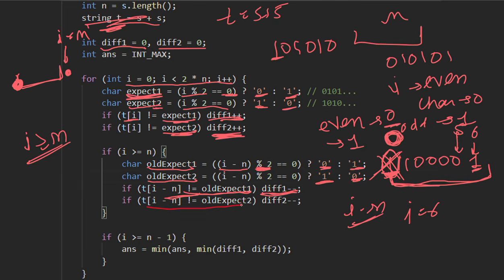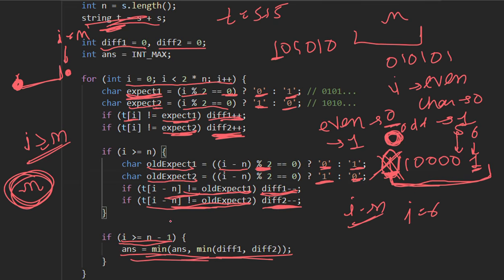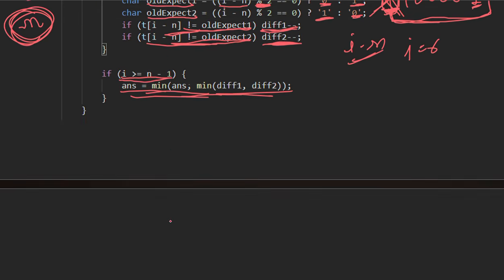And if earlier there was a mismatch in pattern 2, then we reduce diff2 by 1. And if our i is greater than or equal to n minus 1, that means we have got a window of size n. Then we will be storing the minimum answer, and at the end we'll be returning our answer, right?